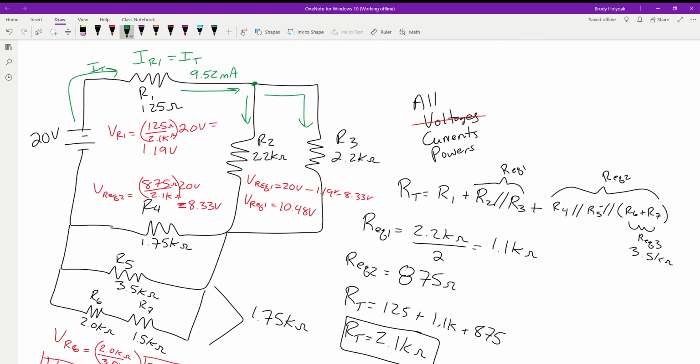Because these resistor values are equal, they're going to completely split. So we're going to have 50% of this go here, 50% of this go here. If we had 3 branches, we would see a third of it going through each of those branches, and so on and so forth. The more branches you add of the same resistance, they're going to have the exact same current. So what is this current through these branches?